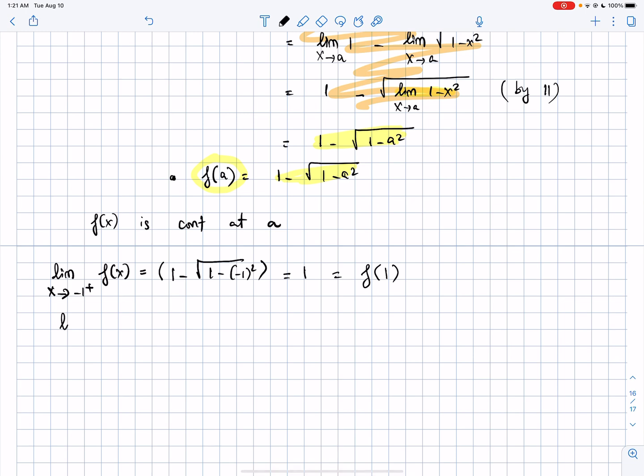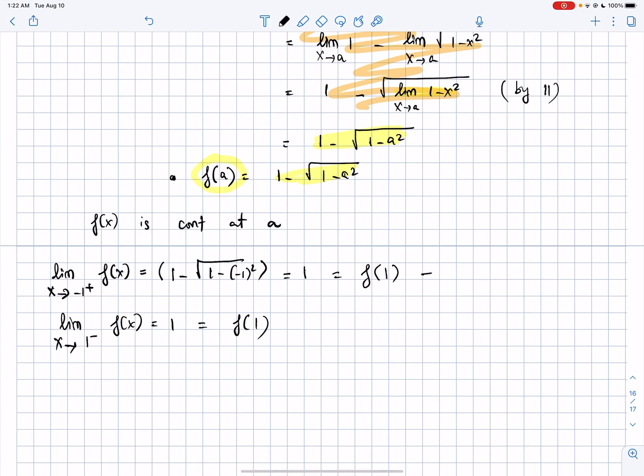And also, we calculate the limit as x approaches 1 from the left-hand side of f of x. It gives us the answer 1, and it's also equal to f of 1.